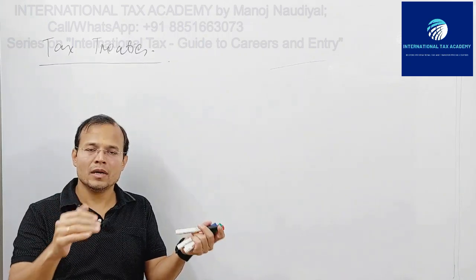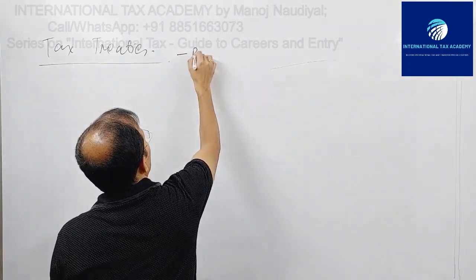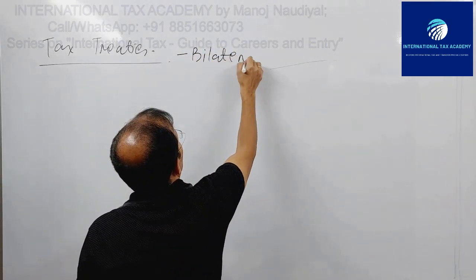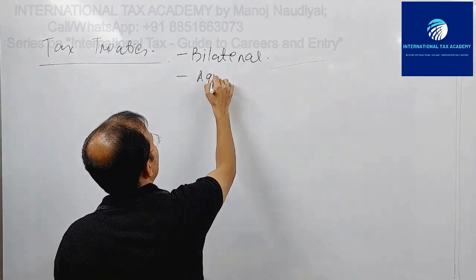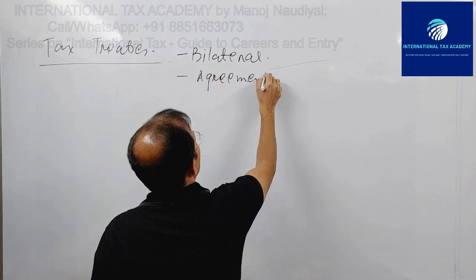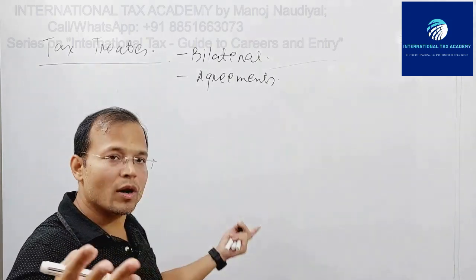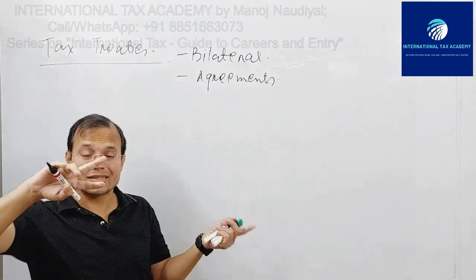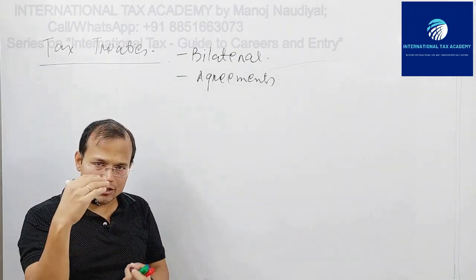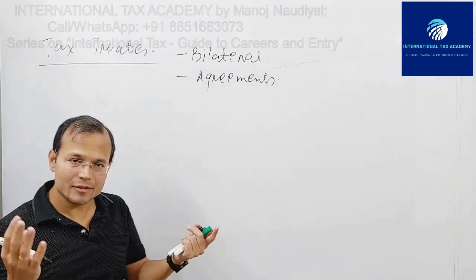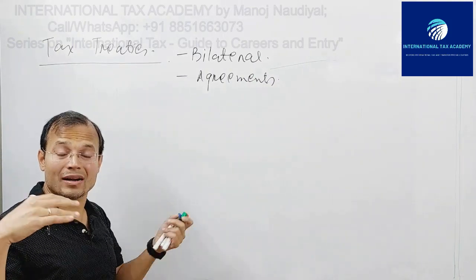In very simple terms, they are bilateral agreements, conventions, between two countries. Obviously they are bilateral, so they have to be between two states, in the sense of countries. Those states which enter into a tax treaty are known as contracting states. So tax treaties are bilateral agreements between two contracting states.